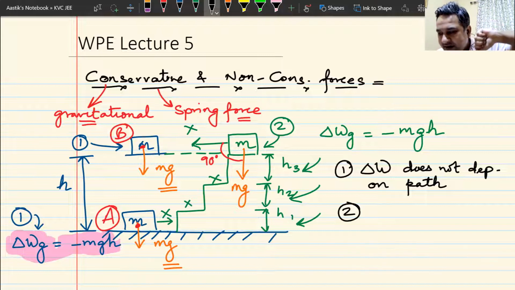There are more that I'll tell you. So what will be point number two? Relate displacement, relate change in internal energy, relate you are going from A to B and B to A. We call it a loop. I hope you have heard the term loop. Cyclic process. You start from one point and come back to the same point.